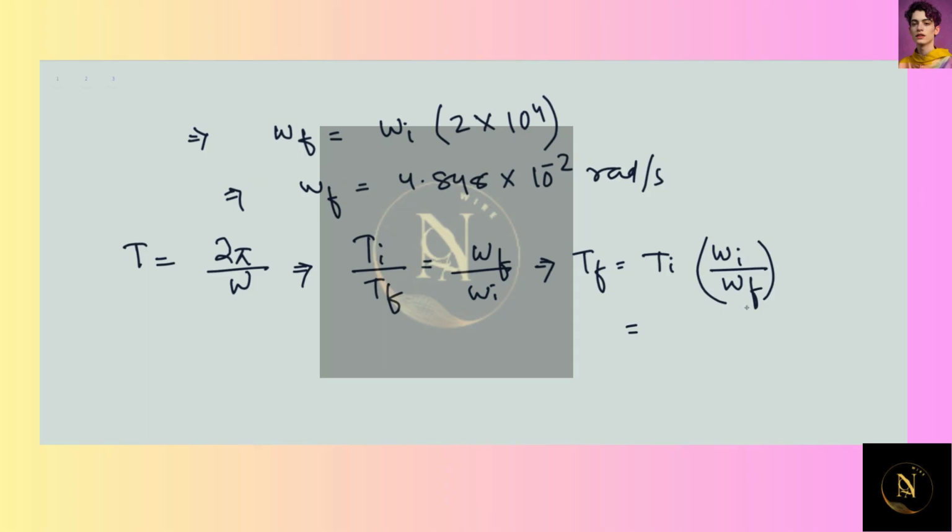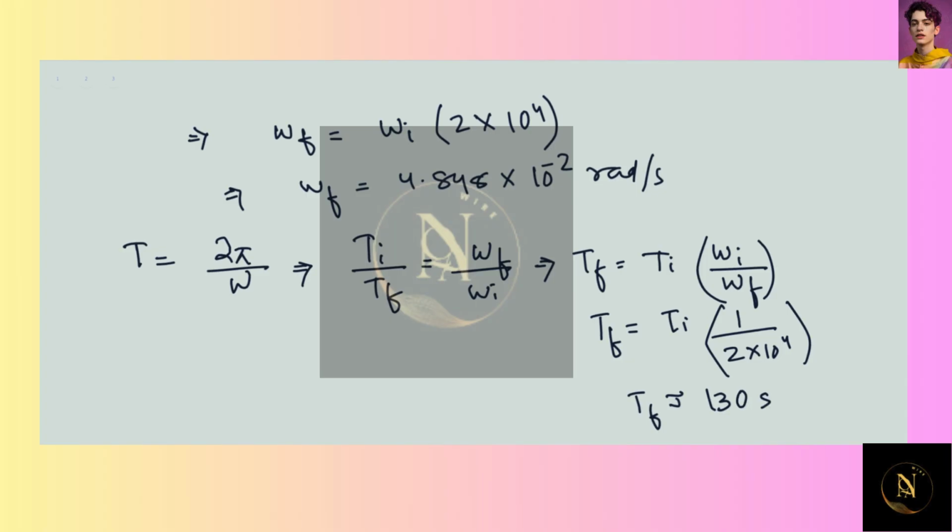And omega I over omega f is basically 1 over 2 times 10 to the power 4. So from here we can say that the period would be 20,000 times smaller than the initial period. And this will make it about 130 seconds. So let me just write that.